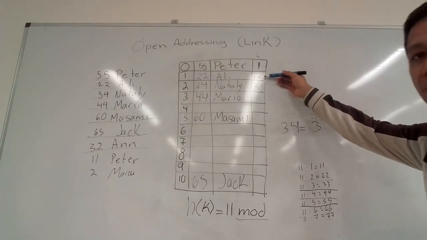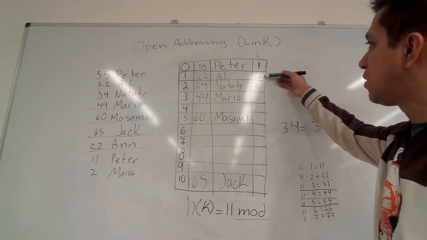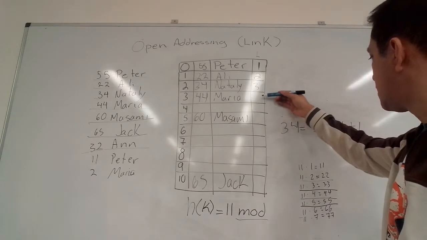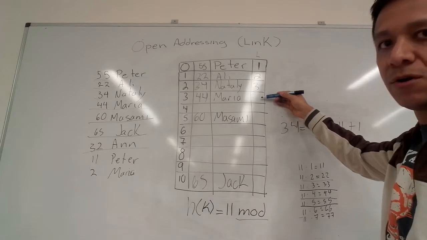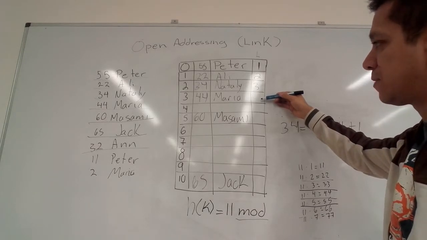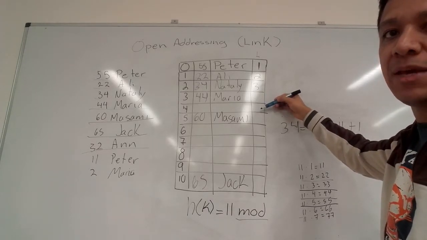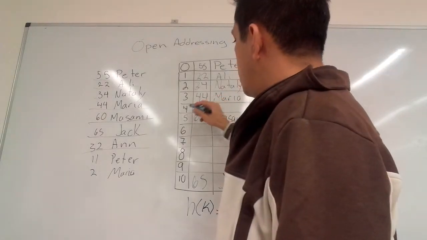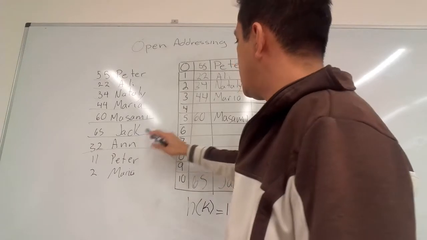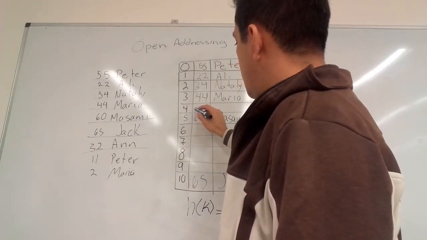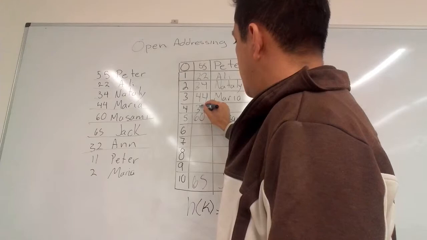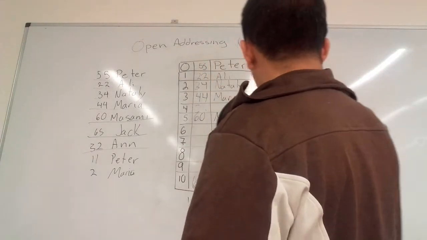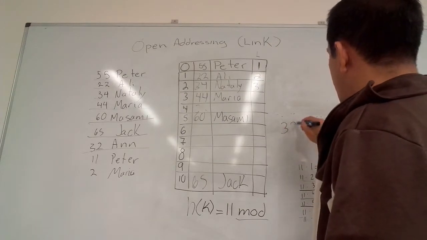But number 1 is occupied, the second is occupied, the third place is occupied. So the next place for Anne is going to be number 4. Oh no, I committed one mistake. I'm so sorry. It's 32. My apologies.